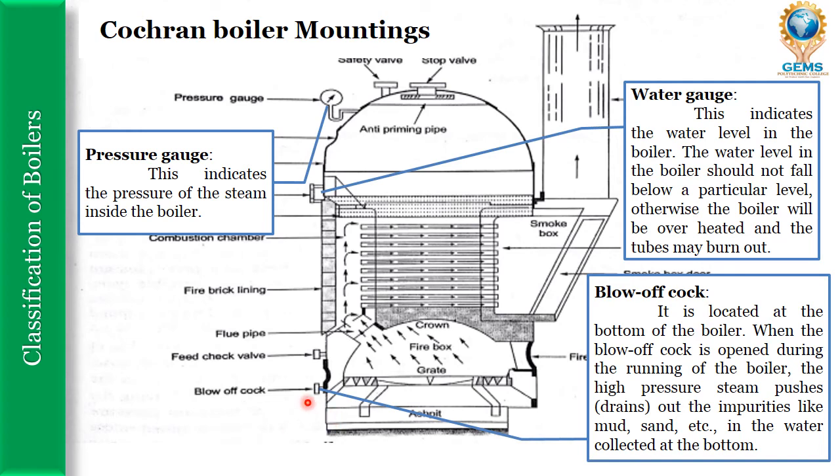Then the blow off cock. This down part is a blow off cock. It is located at the bottom of the boiler. When the blow off cock is opened during the running of the boiler, the high pressure steam pushes out the impurities like mud, sand, etc. collected in the water at the bottom.